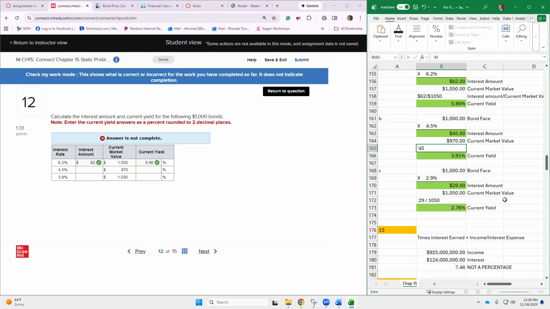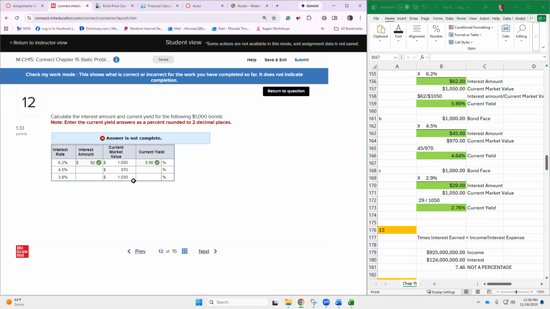So then we want $45 divided by $970. And then the current yield equals $45 divided by the current market price. Okay, so 4.64 is the current yield.